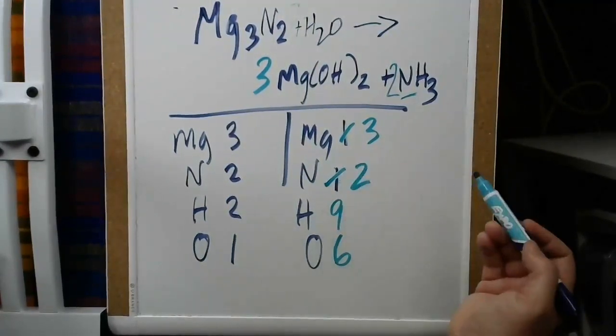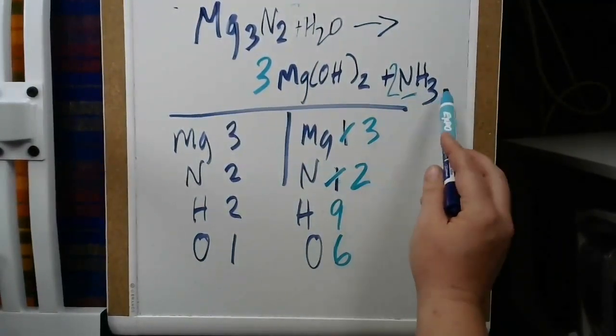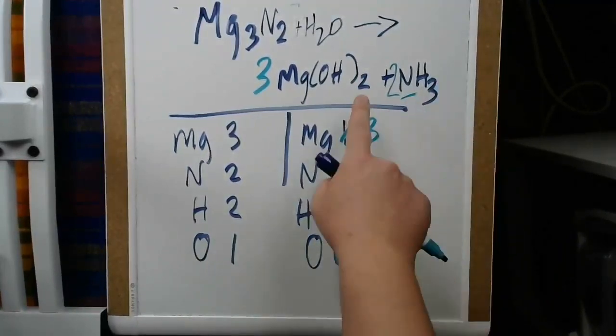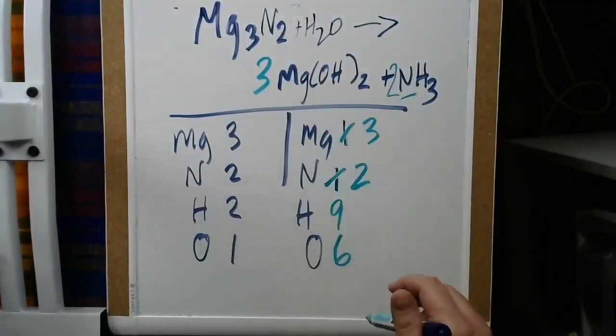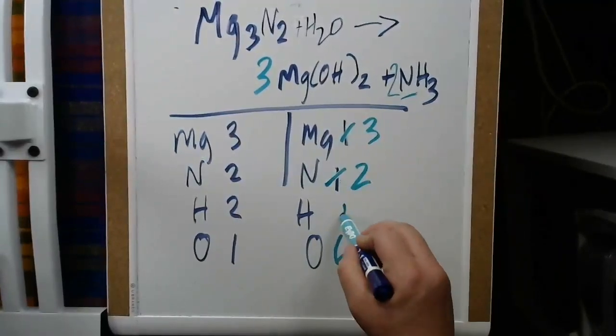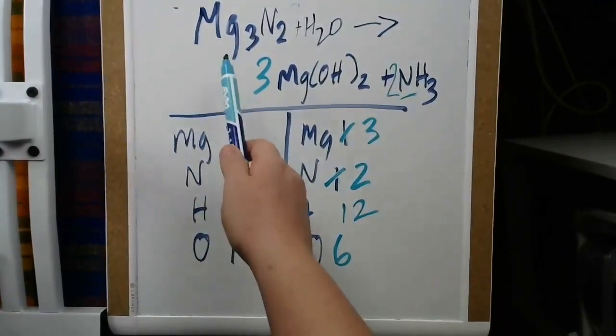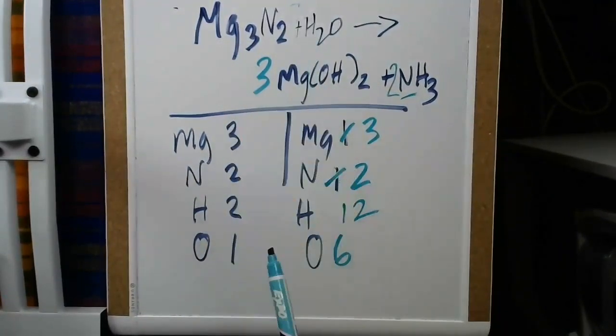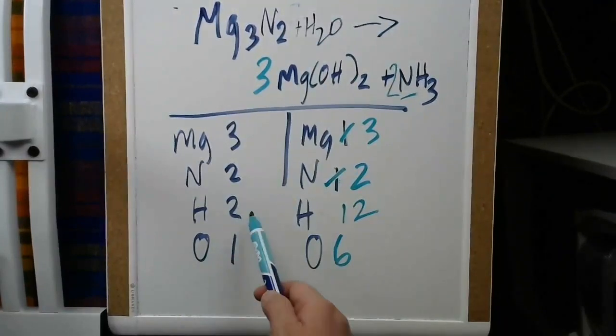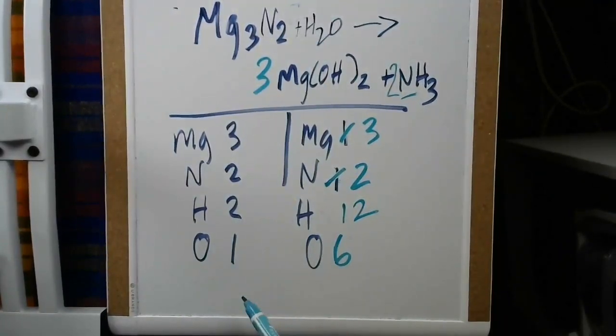All right, now I've got 6 hydrogens over here and 6 hydrogens over here. So now I've got 12 hydrogens over here. All right. Now I'm going to go back to the reactant side of my equation where I see this hydrogen and oxygen discrepancy down here. I've got 12 hydrogens over here and I've got 2 on my reactant side.